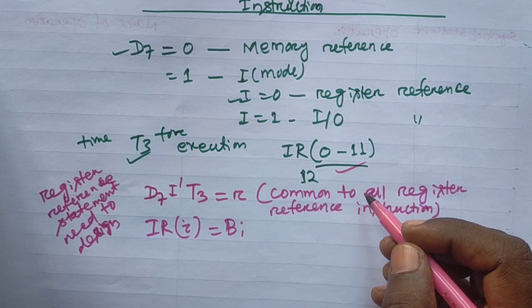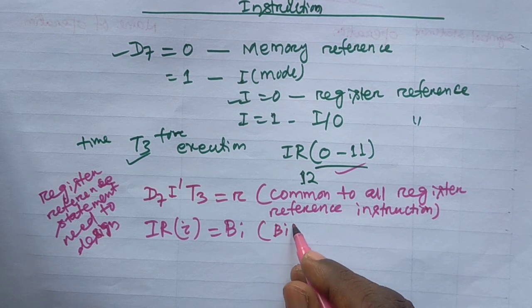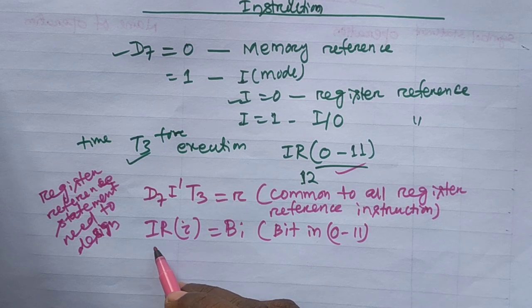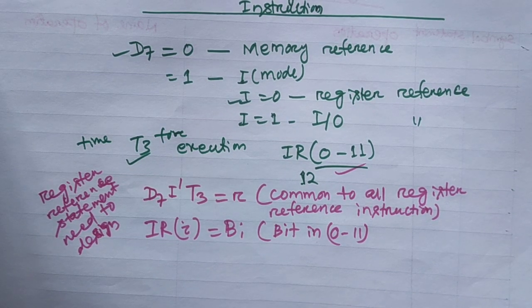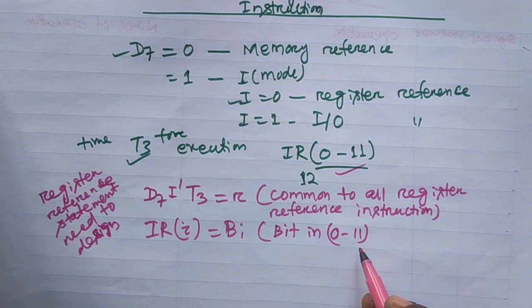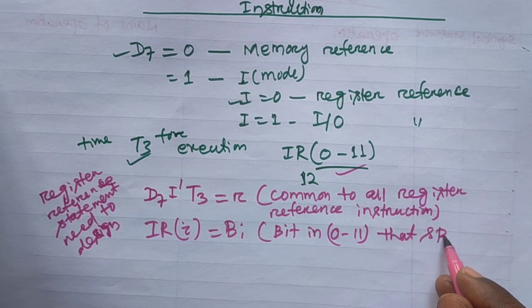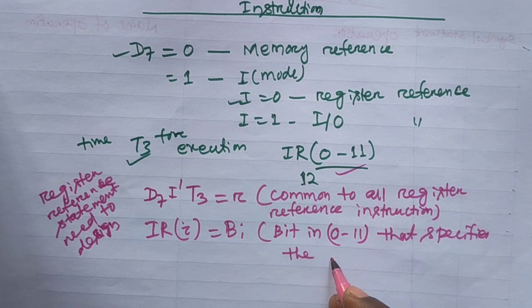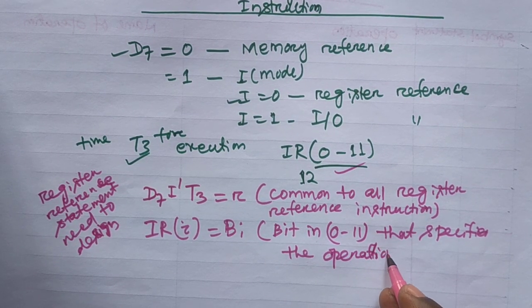The instruction register has the address part, bits 0 to 11, that is 12 bits, which specifies the operation.